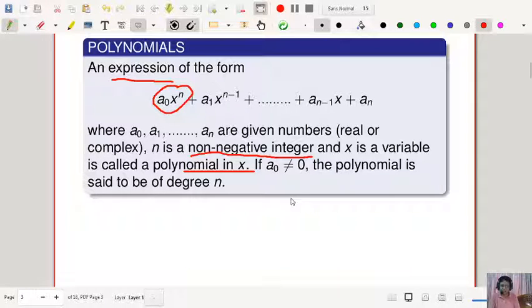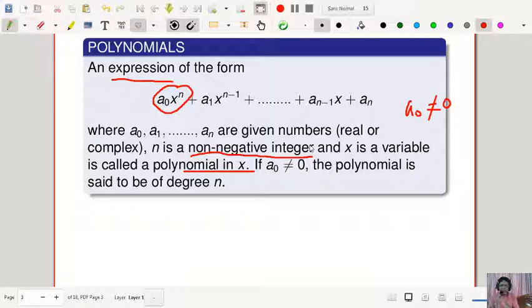And the condition: if a naught is not equal to 0, the polynomial is said to be of degree n. So what is the condition? That this polynomial represents a polynomial of degree n. The only condition is that a naught is not equal to 0. Got it? a naught not equal to 0, because the highest coefficient cannot be 0.